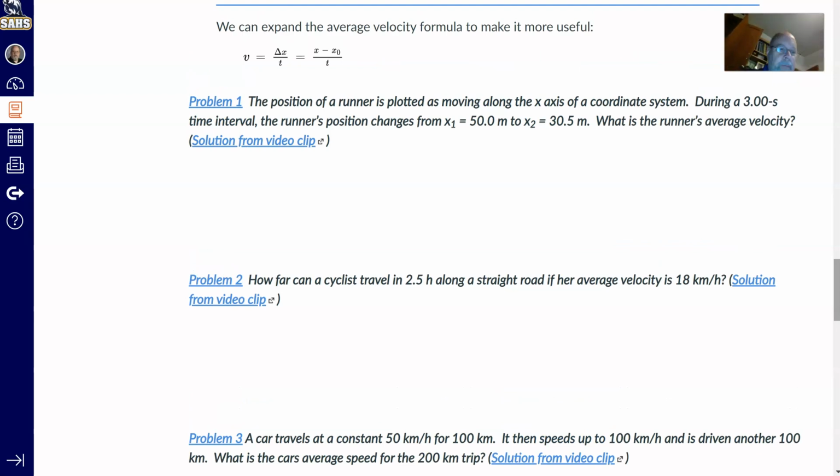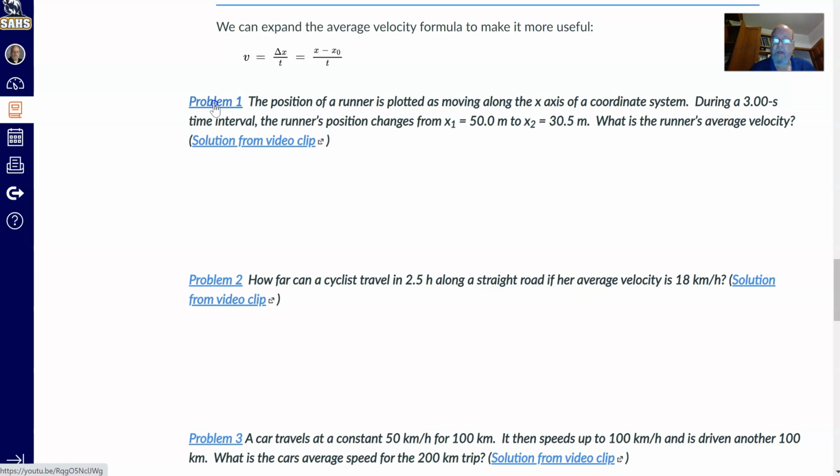In the class notes, if you go to the Canvas page for this particular lesson and look in the class notes, there will be links to video clips, and the links to the video clips will show you how the problem works.